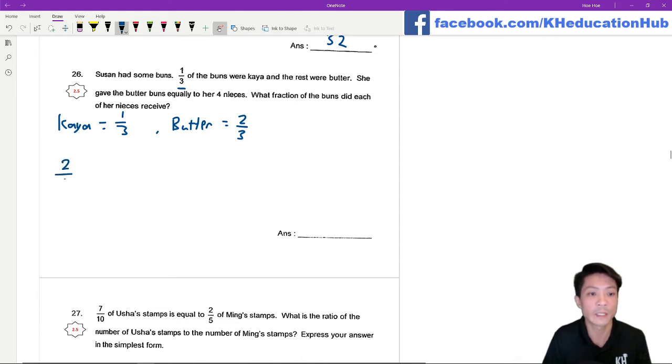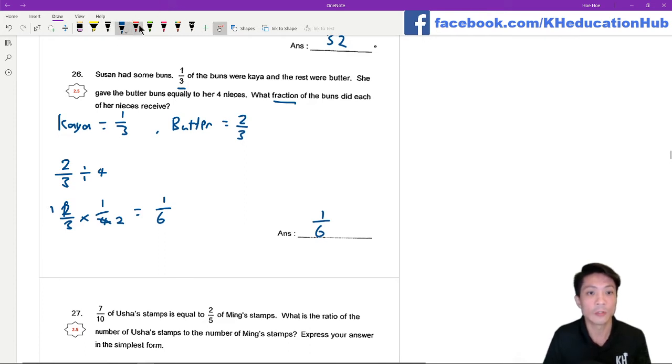So I'm gonna divide the 2/3 by 4. Okay, which will become, reduce and divided by 2 divided by 2, 1/6. Okay, which means that the fraction of buns each niece receives is 1/6.